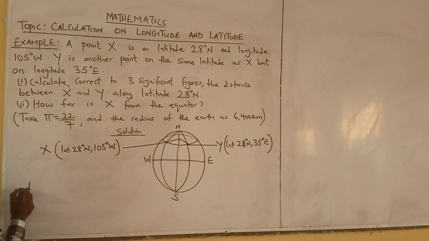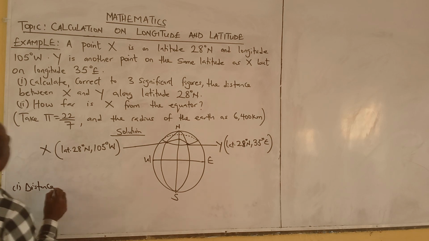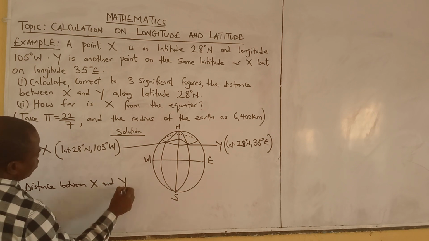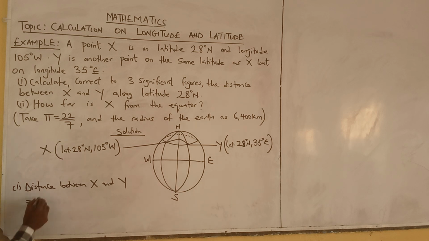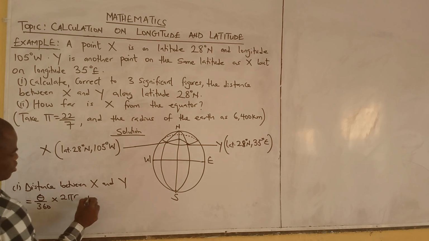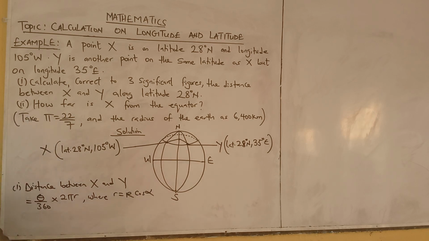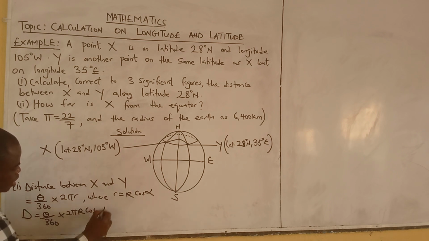The distance between X and Y, which is along the latitude, equals theta over 360 degree times 2 pi small r, where r equals capital R cos alpha. You now write the distance again as theta over 360 degree times 2 pi, and instead of writing r, write R cos alpha.